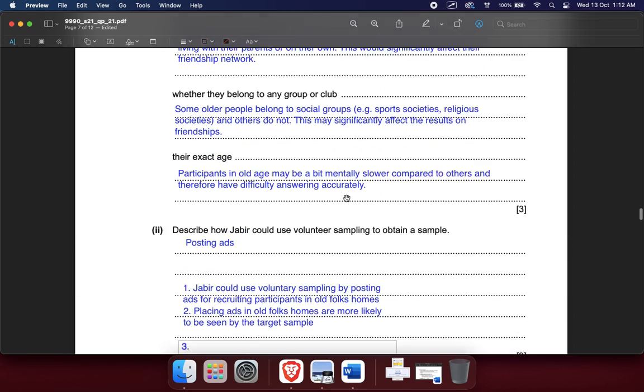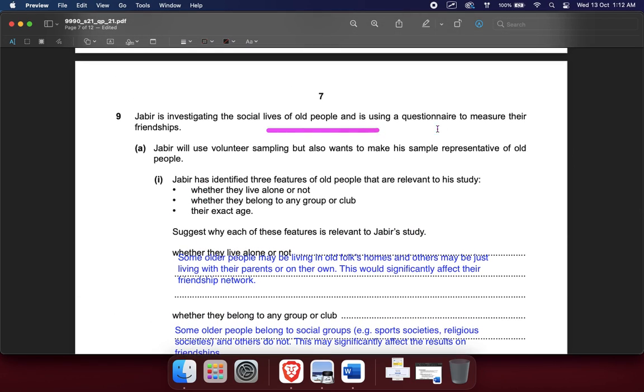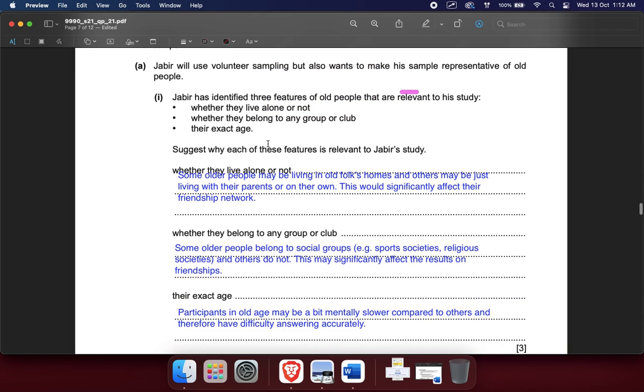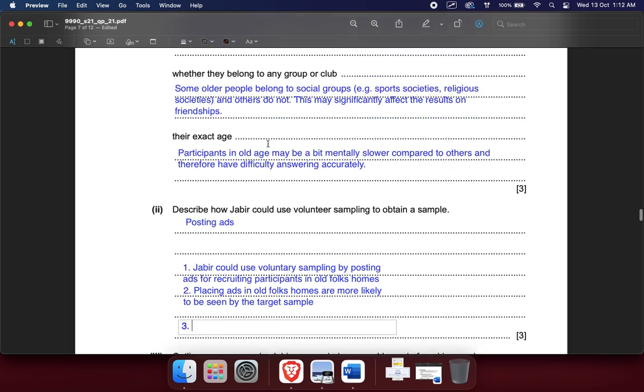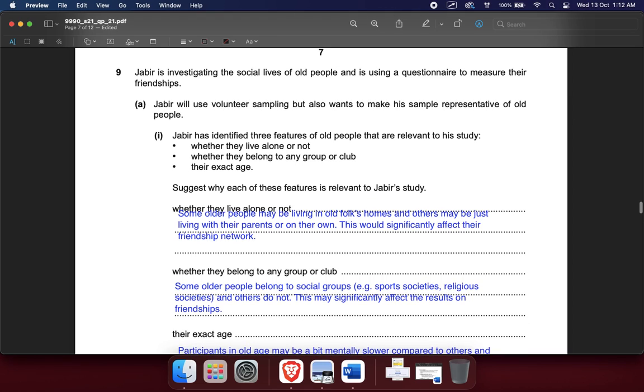Can't think of one more point. Let's think. Lives of old people using a questionnaire. Can't think of a third distinct point.